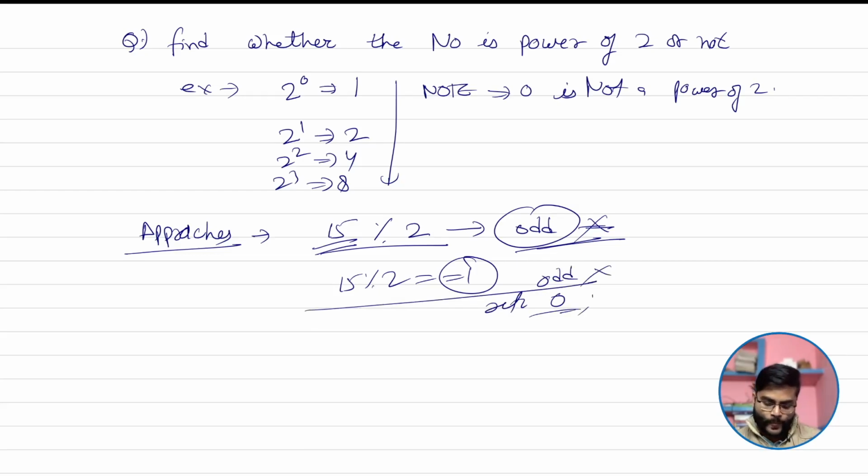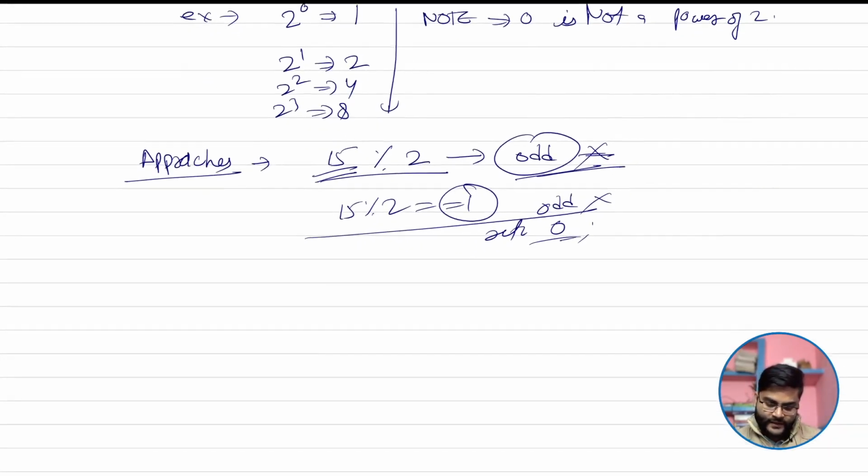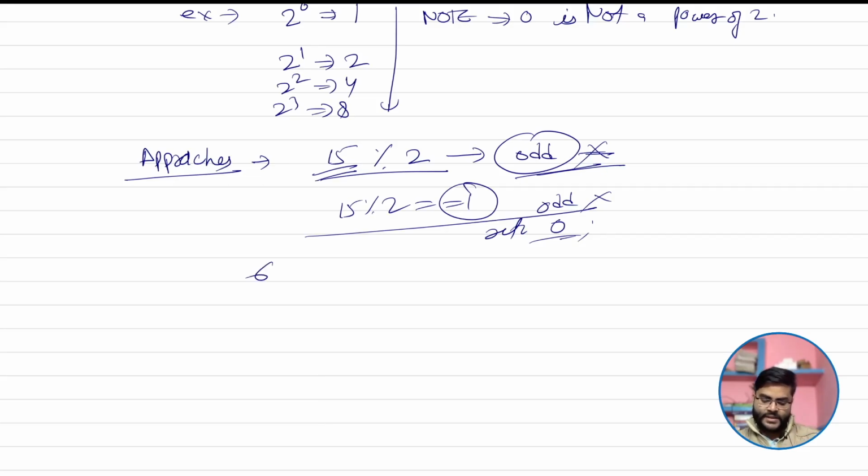Now if it is even, let's say 6. 6 is even, but is it a power of 2? No, right? So first check even. 6 mod 2 is 0. If it is 0, just divide it by 2. 6 divided by 2 will be 3, so our number will be 3.